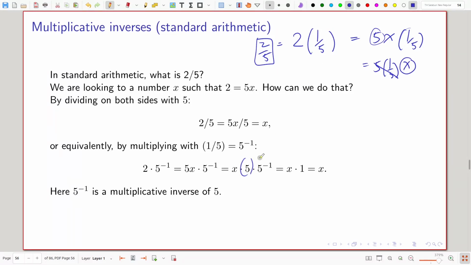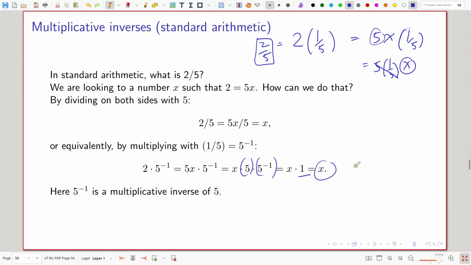So 5 times 1 over 5, or 5 to the minus 1, gets you back to 1, right? So now you know the value of x. And in real numbers, 1 over 5 is, what is it? It's like 0.2, right? So you multiply 2 with 0.2, you get 0.4, and that's the value of x. Okay? So this is for real numbers.